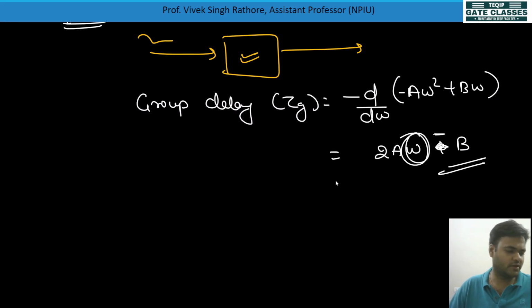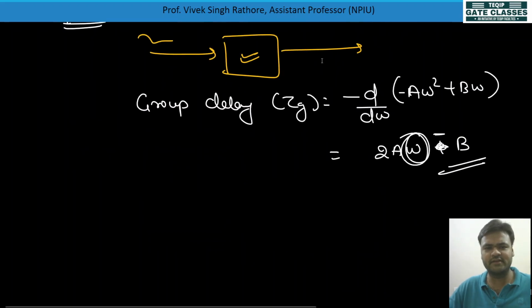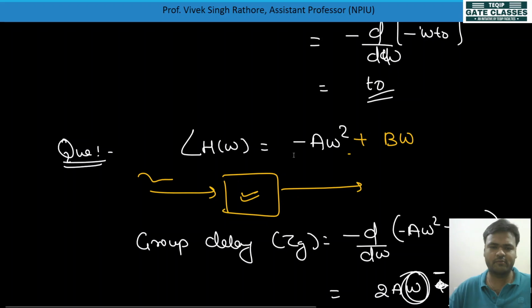How to calculate group delay and phase delay? Very easy: group delay is minus d phi by d omega, and phase delay is minus phi of omega by omega. So you can calculate the values, it will be easy, no problem with that.